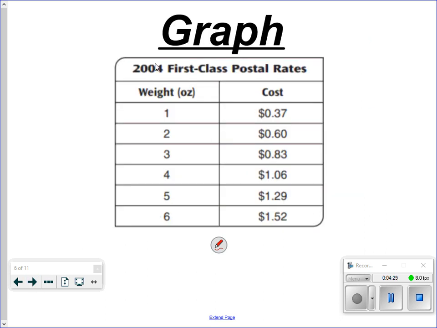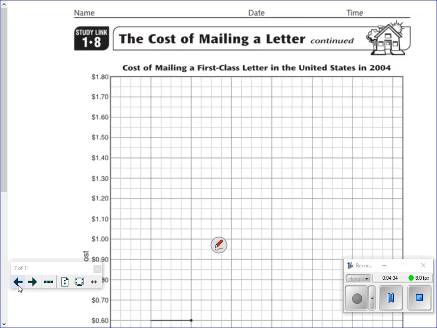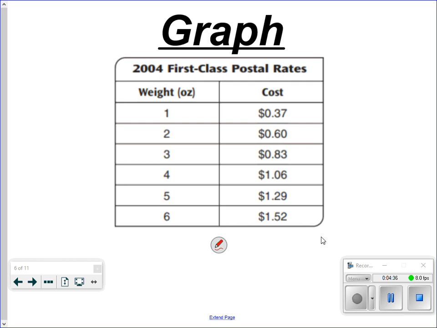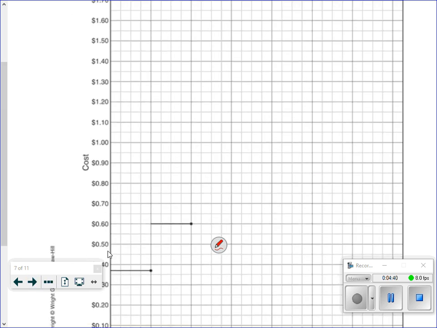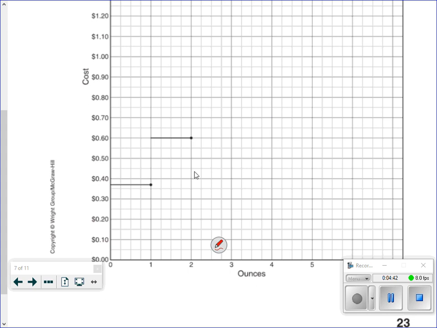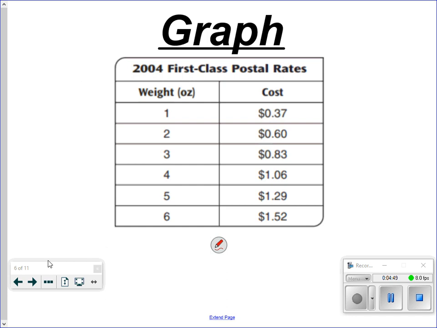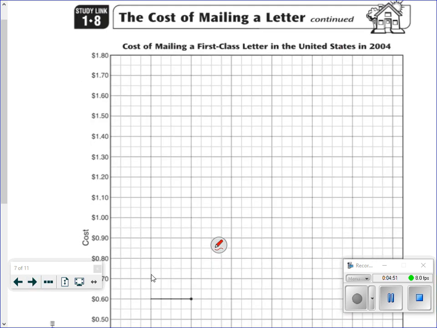Let's take a look at this graph here. Now we're going to graph this data onto this next page. So let's take a look. I think they already had some of it done for us. They do. So we have to graph the next one from 2 to 3. 83 cents. So where's the 83?